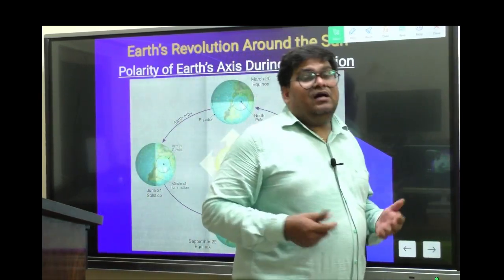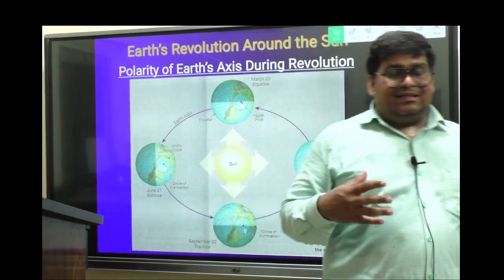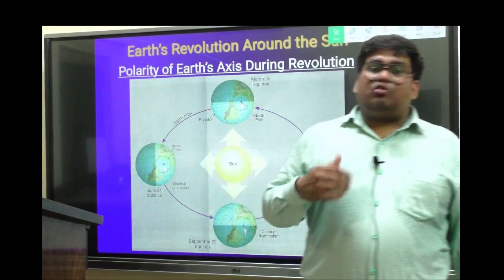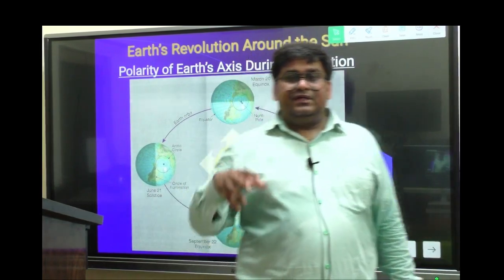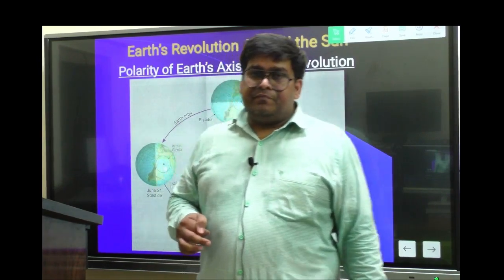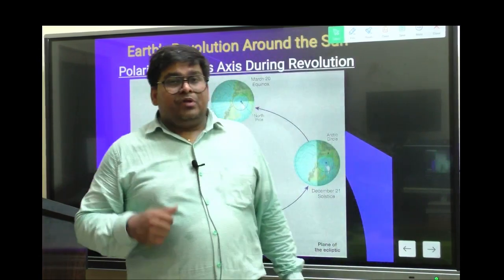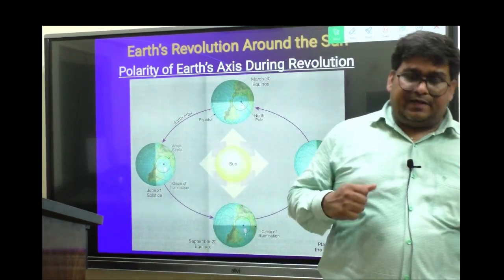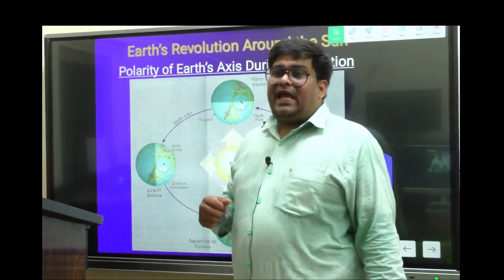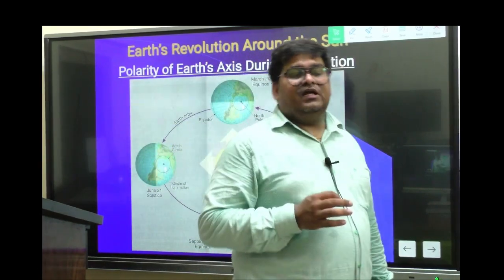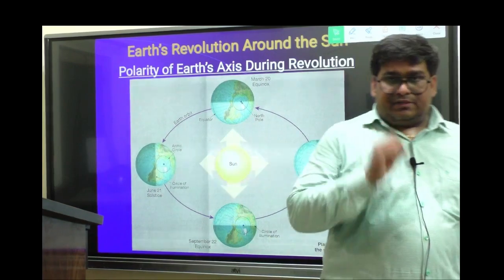It is a phenomenon when the Sun is overhead at the Tropic of Cancer. That means the Sun rays are directly falling on the Tropic of Cancer. So what will happen? More heat and energy would be received in the northern hemisphere. So in the summer solstice in the northern hemisphere, you will have summer.